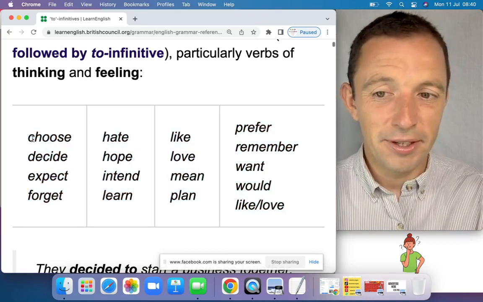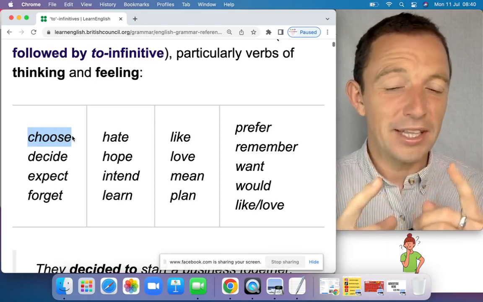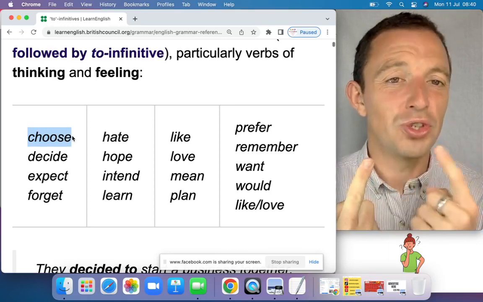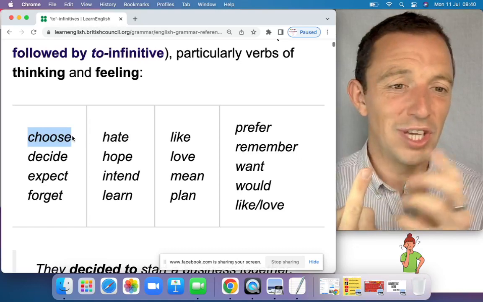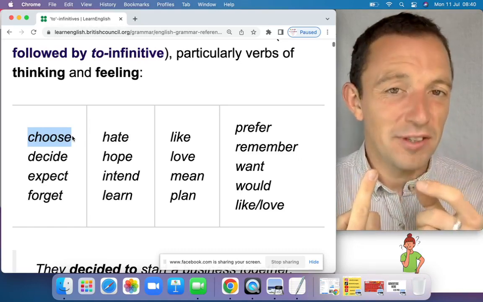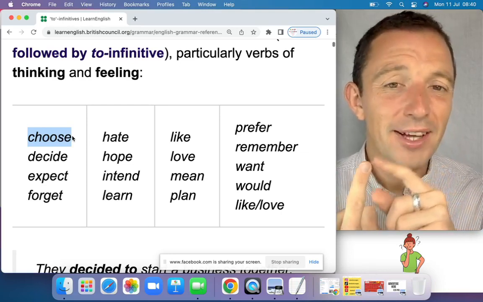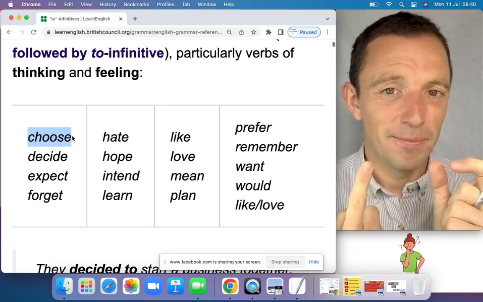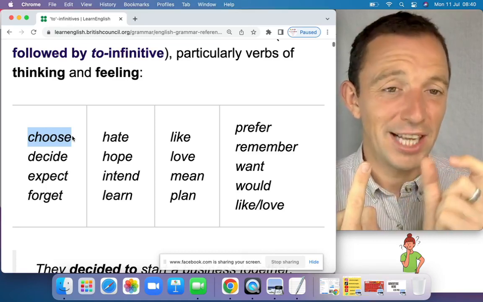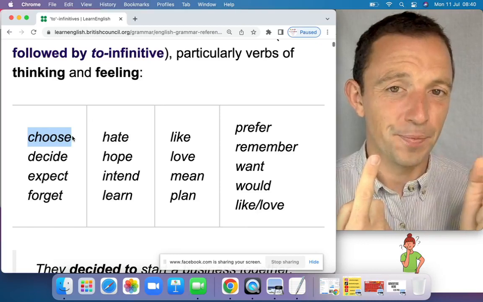So, for example, the verb to choose. Of course, it's possible with a substantive: choose a chocolate, choose a coffee. That's typical, choose with the substantive, with the noun, but it's also typical with the infinitive. For example, I choose to work from home. So that's the infinitive, to work. I choose to go on holiday.